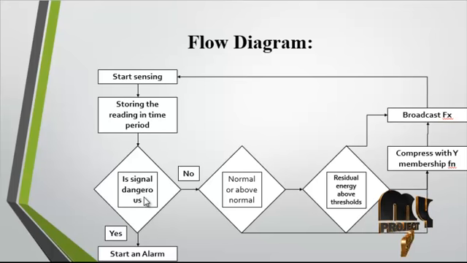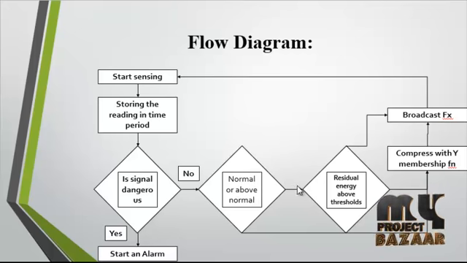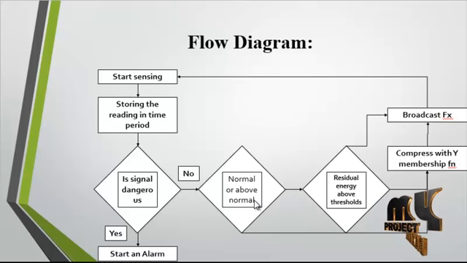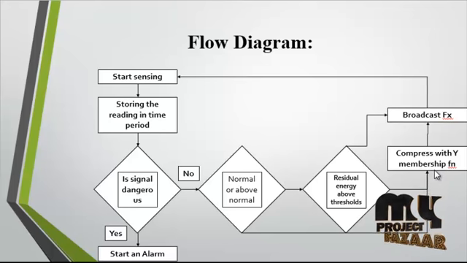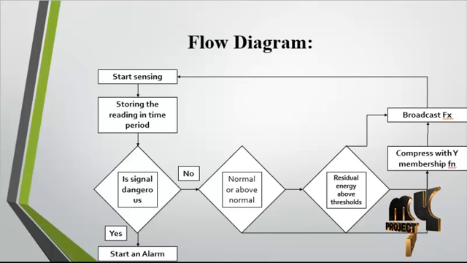If the signal is not dangerous, then check whether the signal is normal or above normal. If the signal is normal, then continue the process with the residual energy above threshold. If the signal is abnormal, then go to compress with the fuzzy transform function.